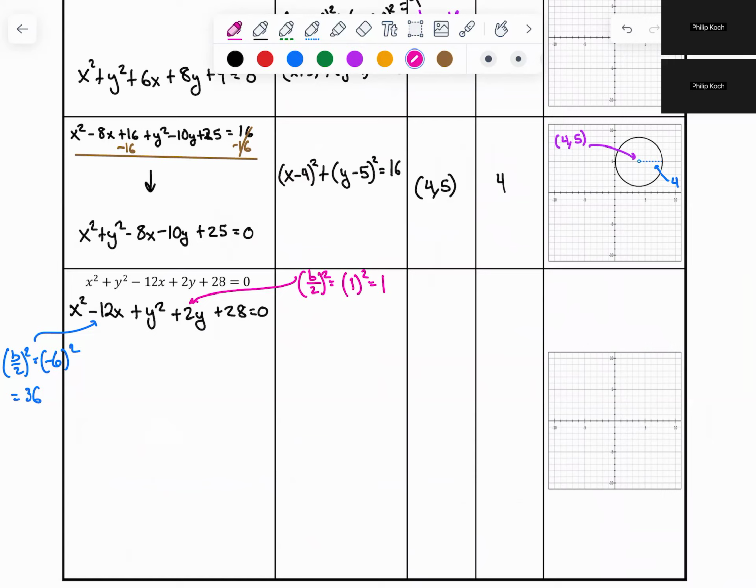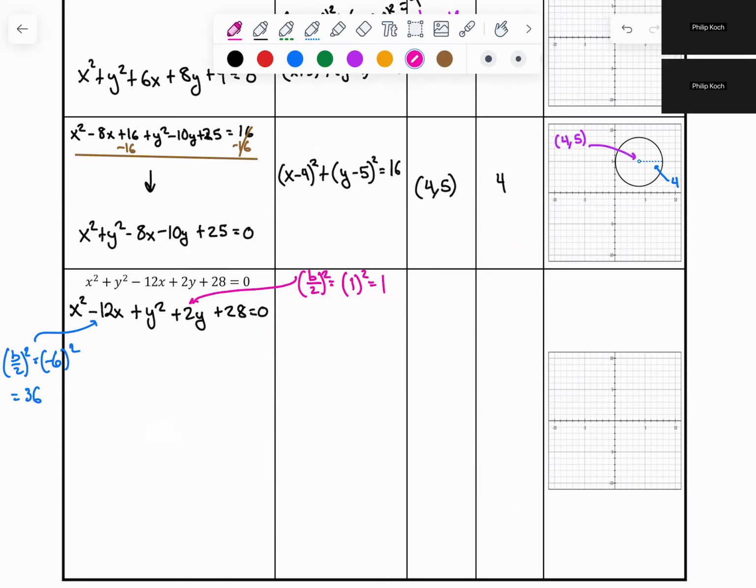What we're doing is we're setting up completing the squares. And since the leading coefficients are 1, we're just in case 1. We don't need to do any factoring. So now we're going to cleverly add 0 twice. We're going to do it for the x's and do it for the y's.